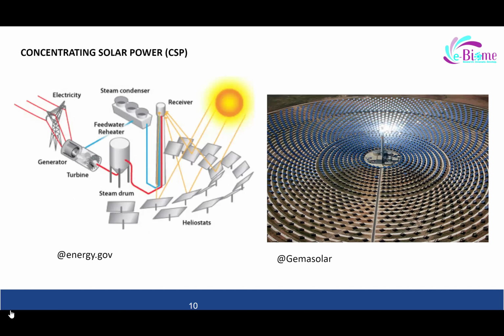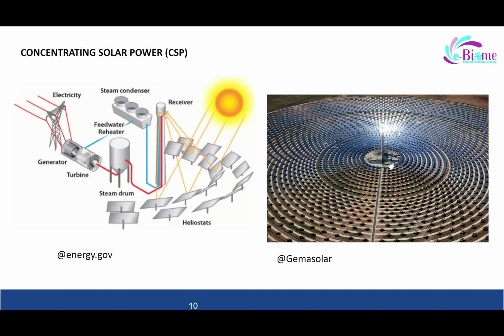In the example that we have here, you see these mirrors. What they do is focus the beams from the sun onto this particular receiver. It heats the liquid inside, which then powers this turbine to generate electricity for human use.